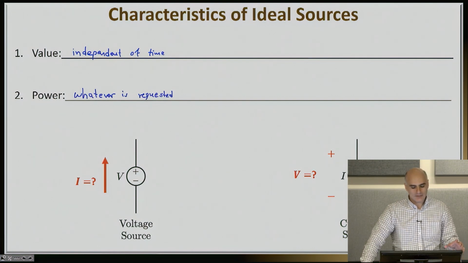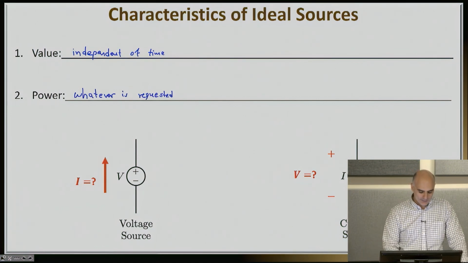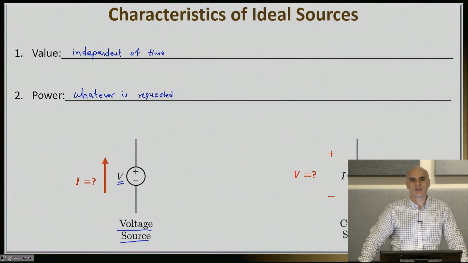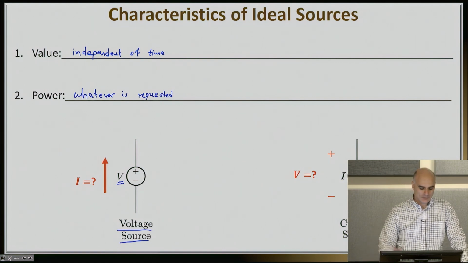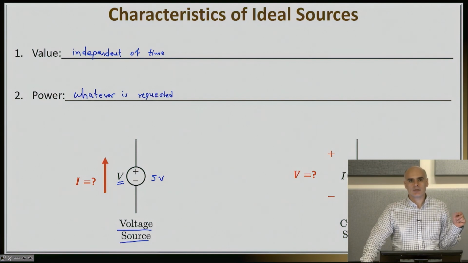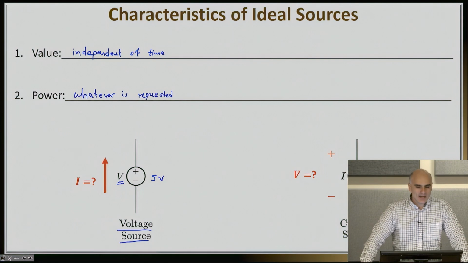Now, the way we view that in the symbols we're using here for the sources is the following. If you have a voltage source, then you definitely know the voltage drop across its terminals. So, for example, somebody may say, here's a 5-volt battery. But if you ask this person exactly how much current will flow through my battery, the answer is, well, it depends.